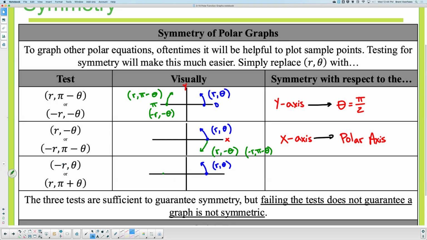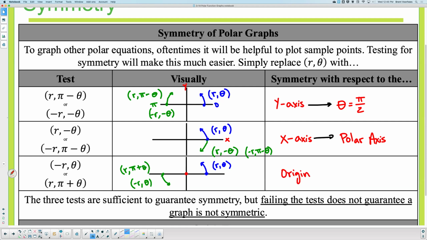If your symmetry looks like that, you are symmetric with the origin. The other way of writing this is starting at pi, but continuing to move against the clock. Both of those would give you symmetry with respect to the origin.